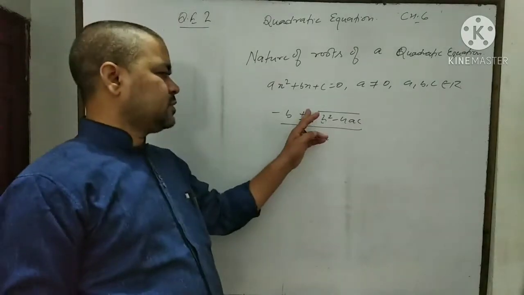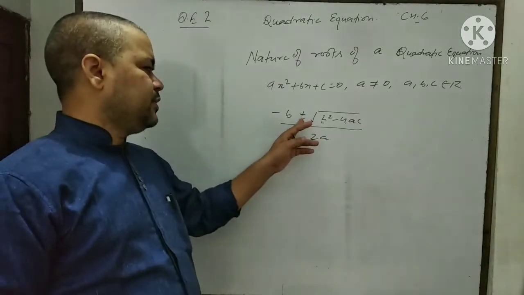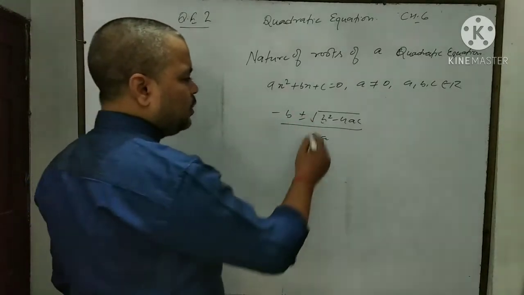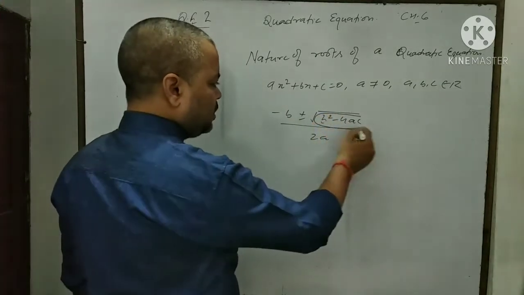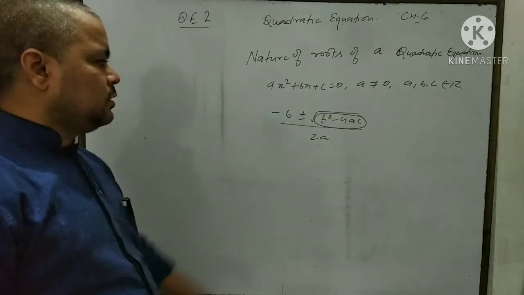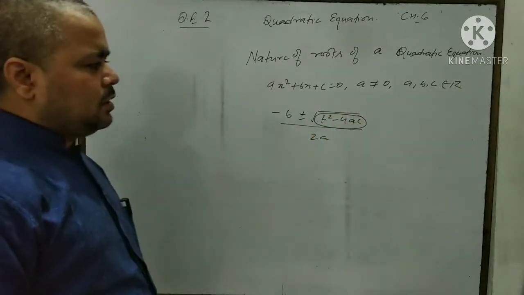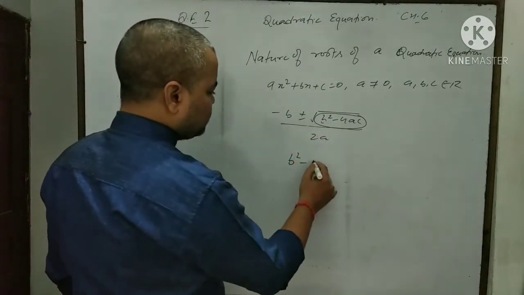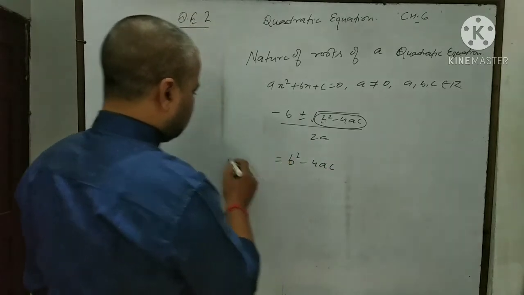If we take the plus, it gives the first root, and if we take the minus, it gives the second root. The value under the square root, b square minus 4ac, is called the discriminant.